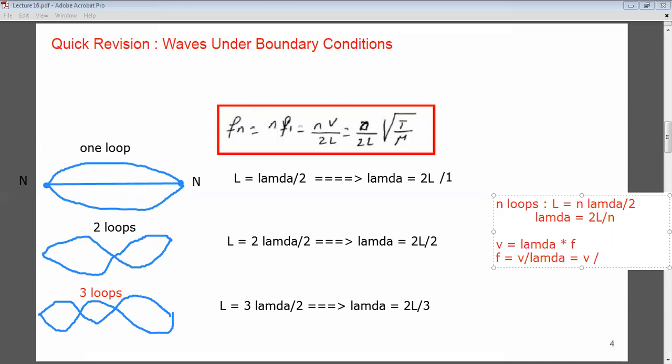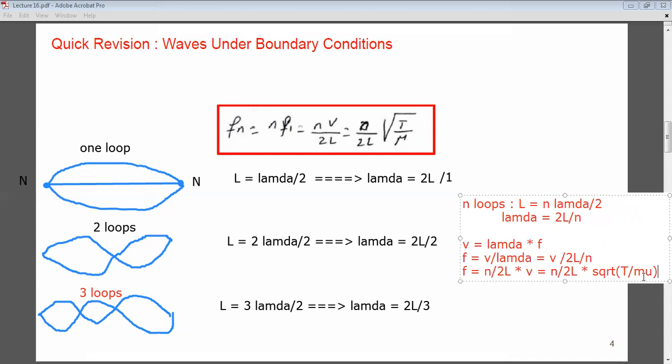It is 2L over n. So F is equal to n over 2L times V, which is n over 2L times the square root of T over mu, if I have the tension and the mass per unit length. And this is how we derive this equation.